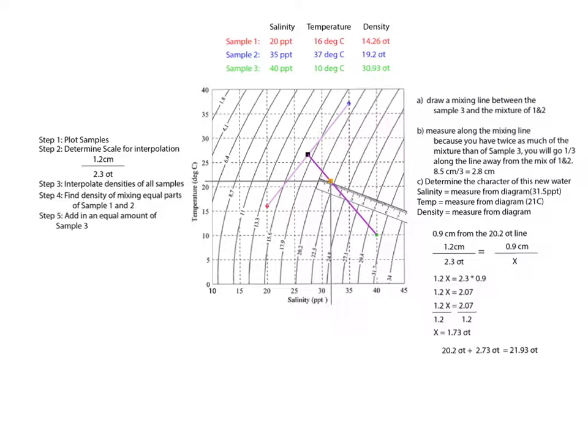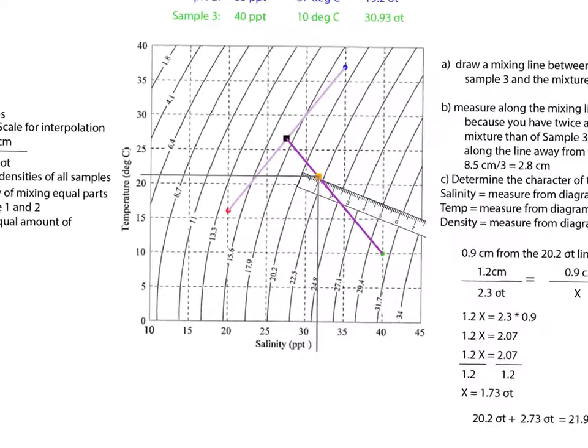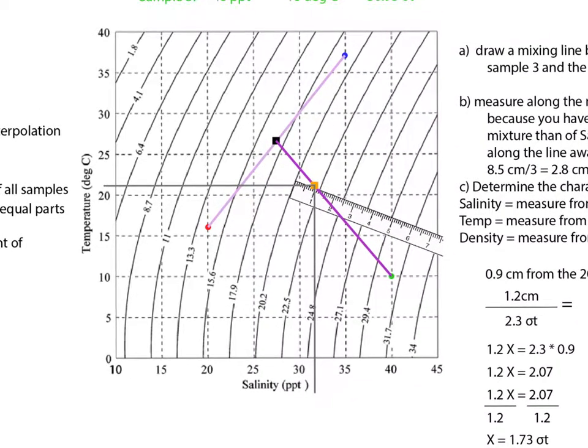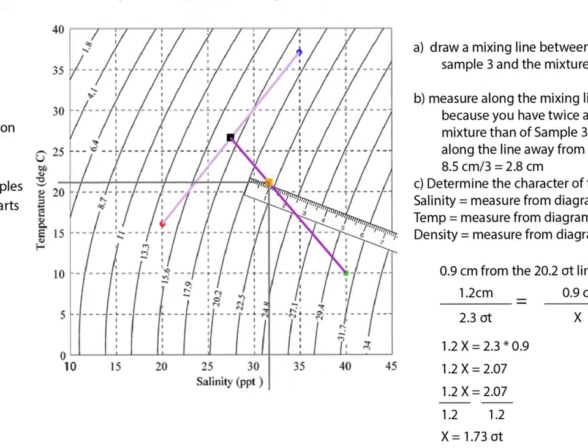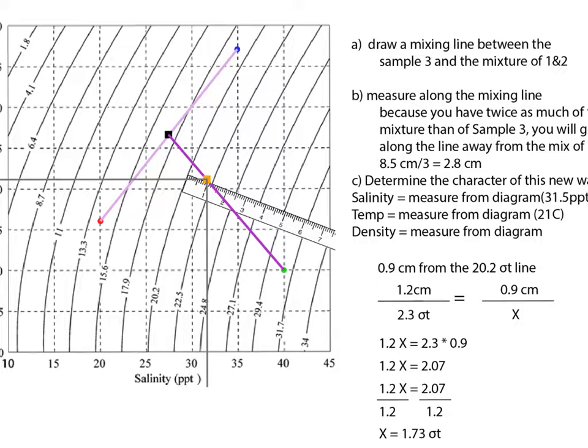For the salinity and the temperature, we can read right off the graph. And so, as we see here, we've got a temperature sitting at a little bit above 20. I would say it's about 21 degrees Celsius. And we can find this line here, which turns out to be about 31.5 parts per thousand.